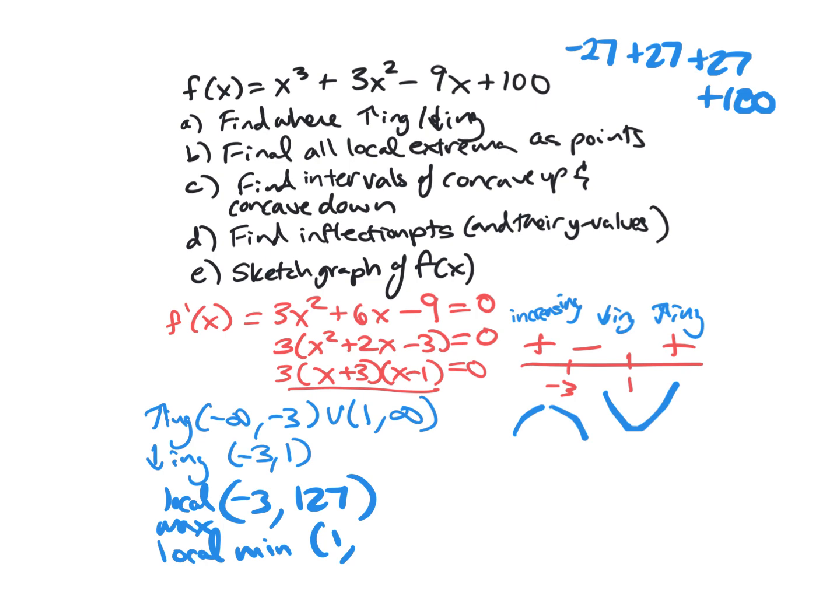Okay. So now when I plug in 1 to the original function, because remember the points are on the original function, I get 1 plus 3 minus 9 plus 100. So that's going to be 104 minus 9. So that should be 95, which is also what you got. Okay, so those are 2 points on the graph, which are helpful.